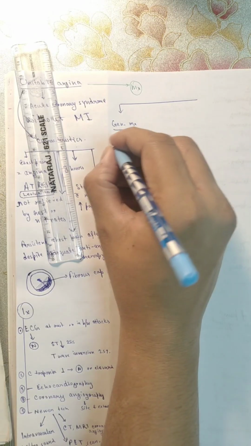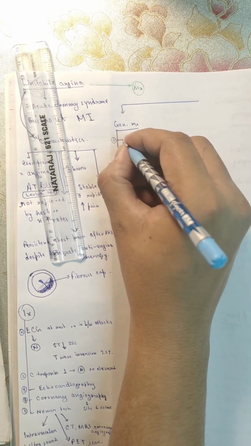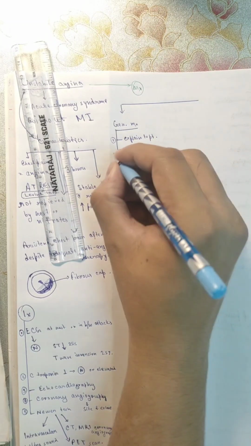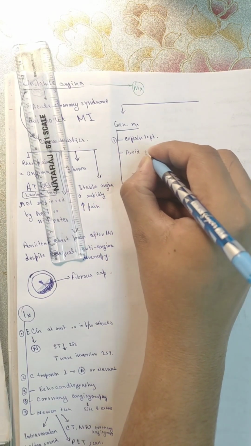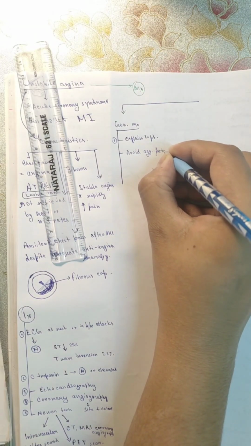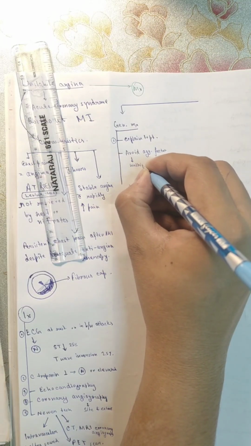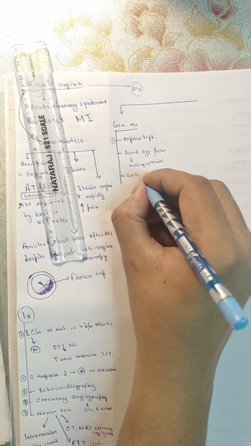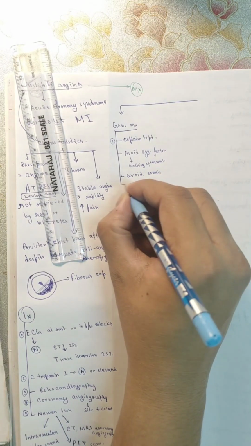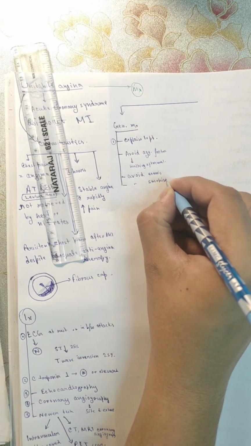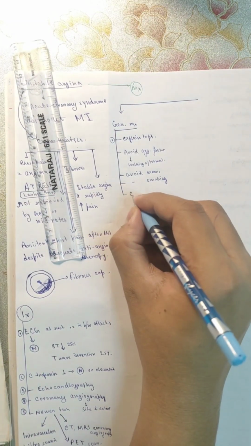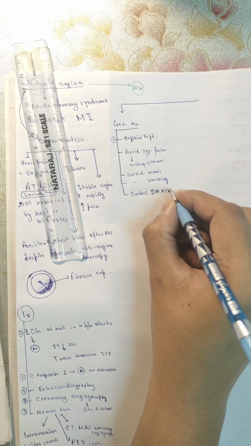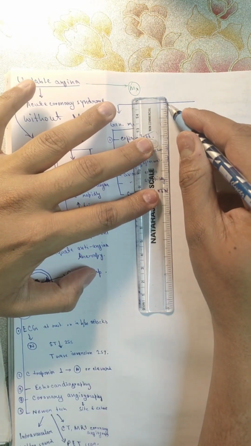Explain the disease to patient, avoid aggravating factors like walking after meal, avoid exercise, avoid smoking, control the comorbidities like diabetes, hypertension, dyslipidemia, etc.